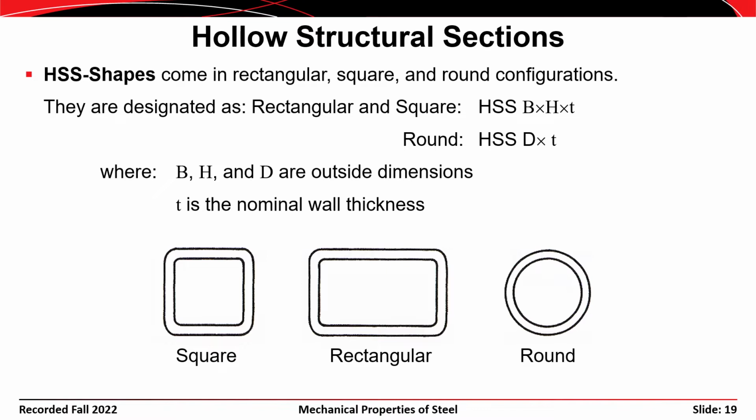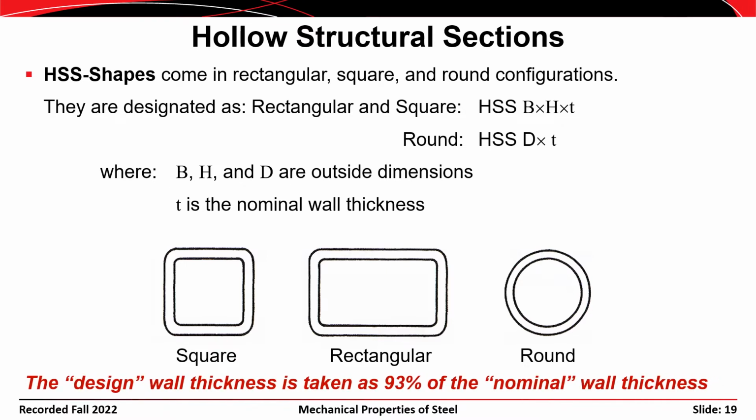So as designers, we have to keep that in mind. When we design a tube that has a nominal thickness, say, of 1 inch, we actually use a smaller thickness, 93% of that, or 0.93 inches for that thickness. And we'll reinforce this with some examples as we go through the semester.